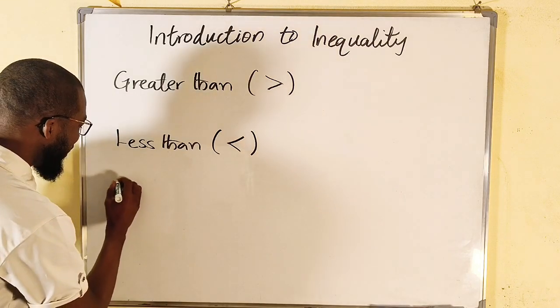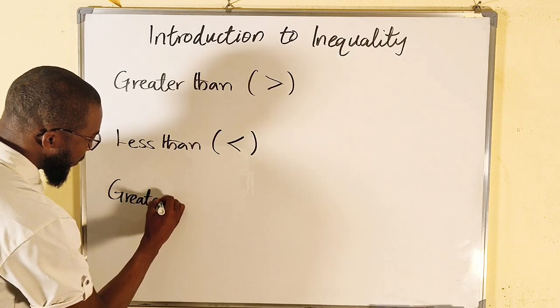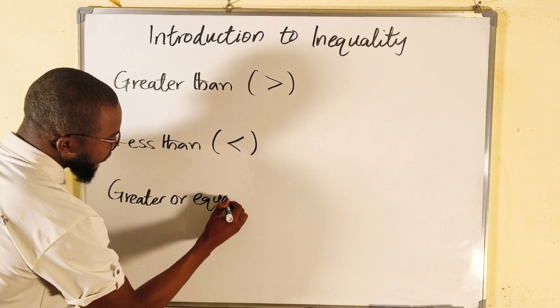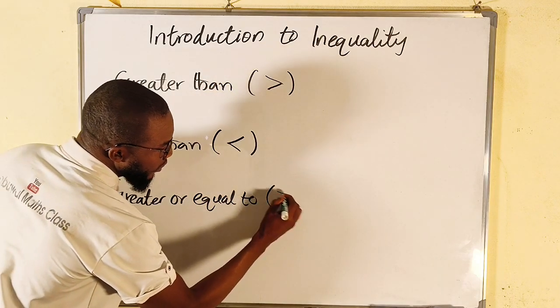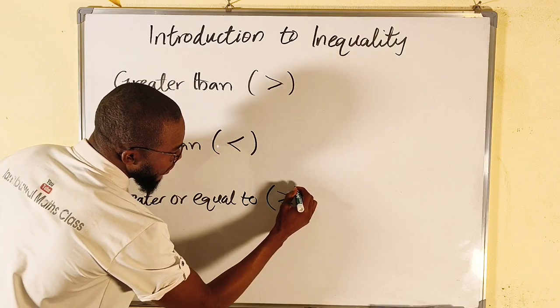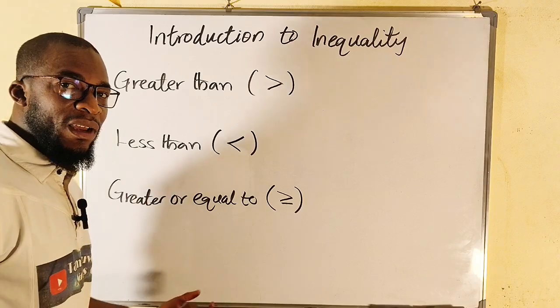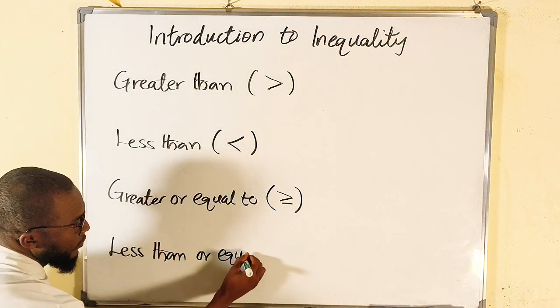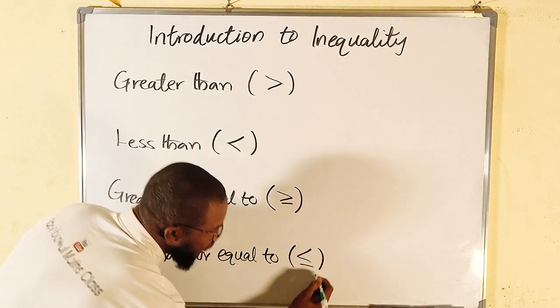We have greater than or equal to. It looks like this. And lastly, we have less than or equal to. The symbol is like this.